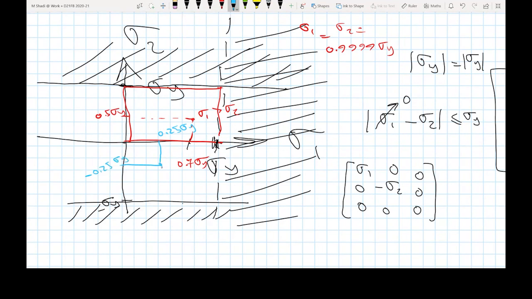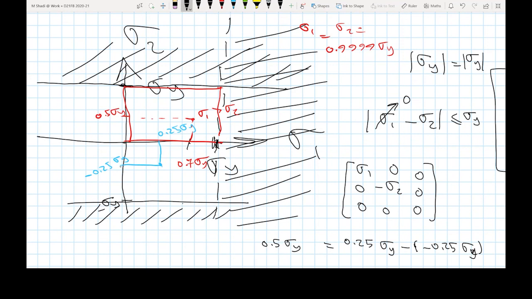All right. So at this point, you have sigma 1 minus sigma 2. This is 0.25 sigma y, minus minus 0.25 sigma y. And then you have 0.25 added to 0.25, and this is 0.5 sigma y.